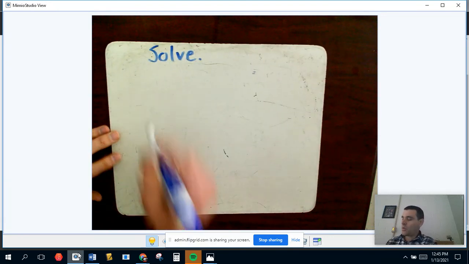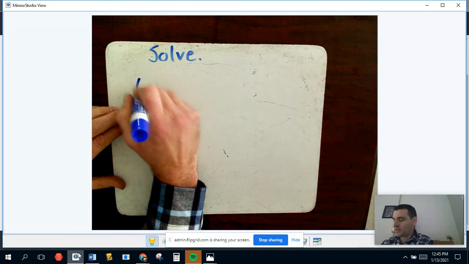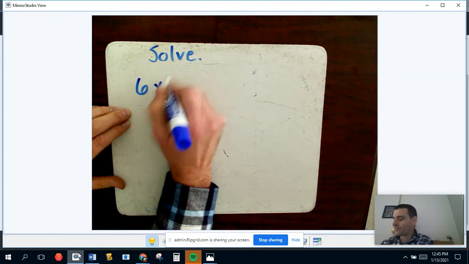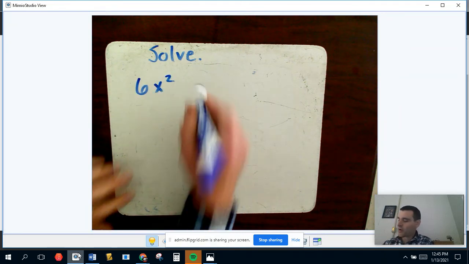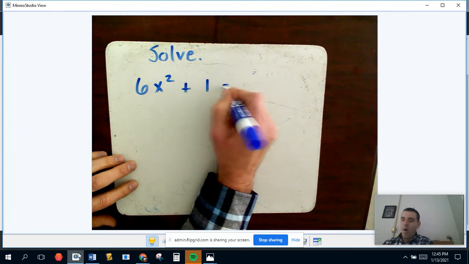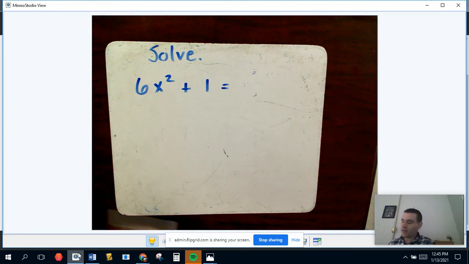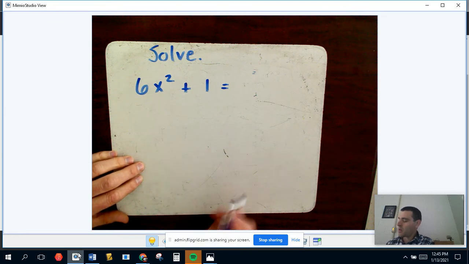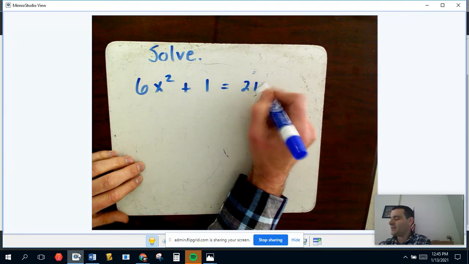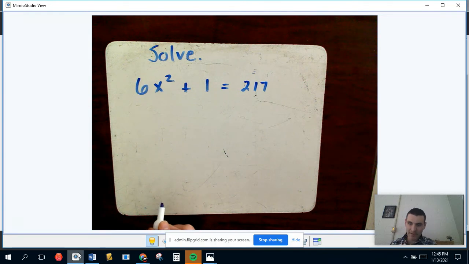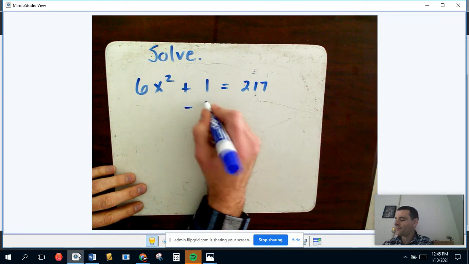Okay, so a couple other examples here. 6x squared, excuse me, plus 1. I want to say that's 217. Same deal. Isolate x squared.